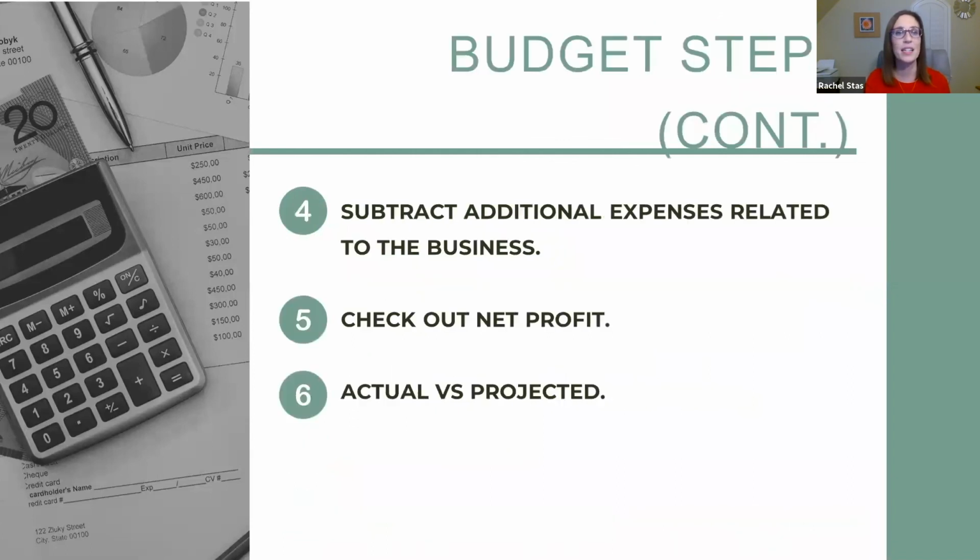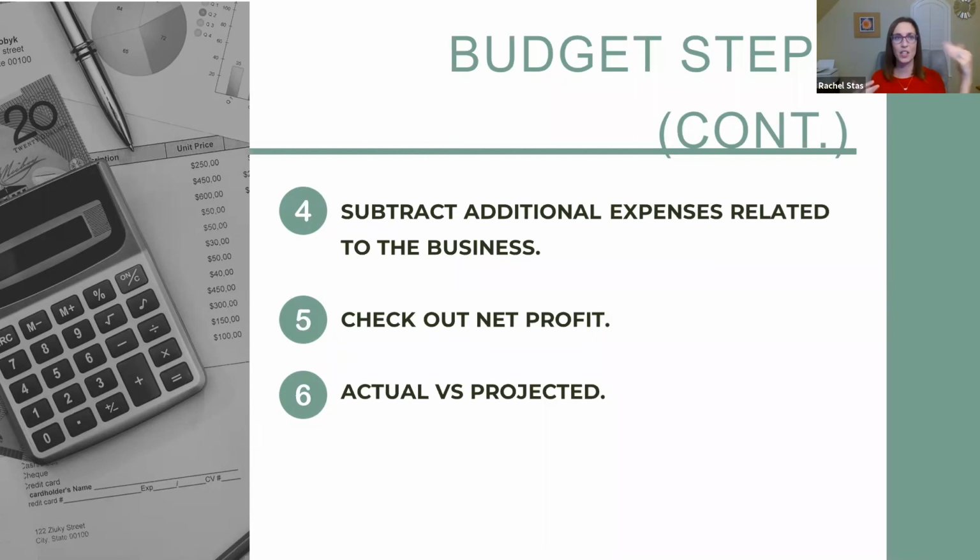And then we'll go to the next slide for the next part. Then again, you want to subtract all those additional expenses related to the business. So you've got your rent, your advertising, your accounting, your printing, and there are some expenses on the budget that I sent you, and we'll get into it.